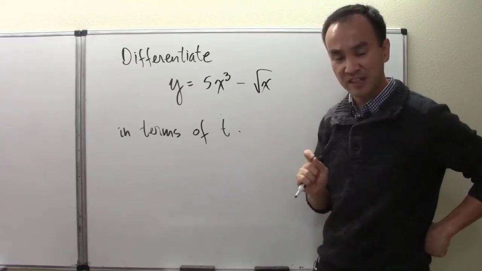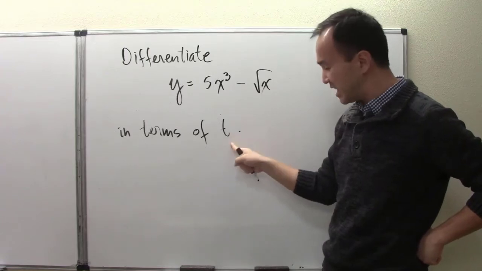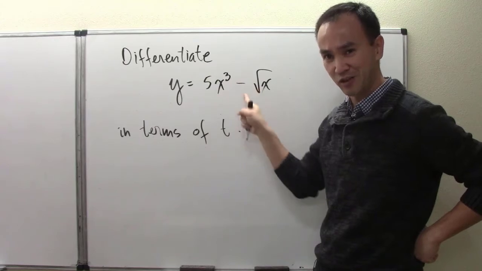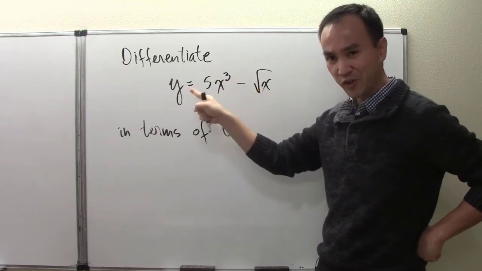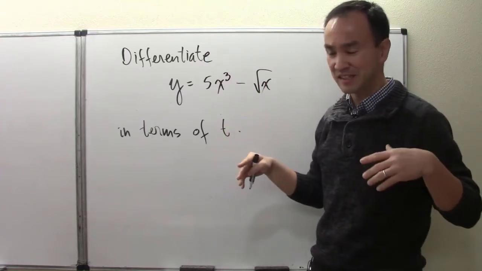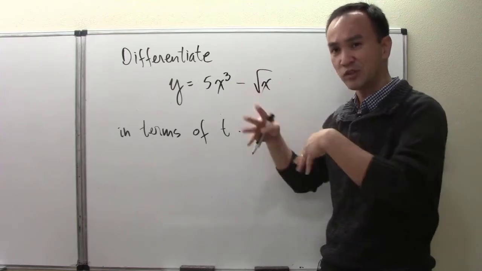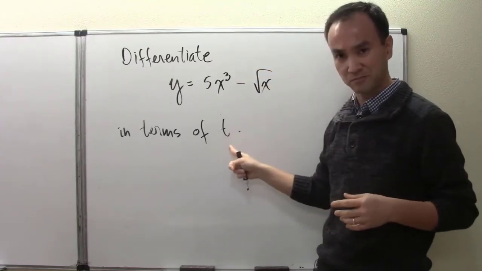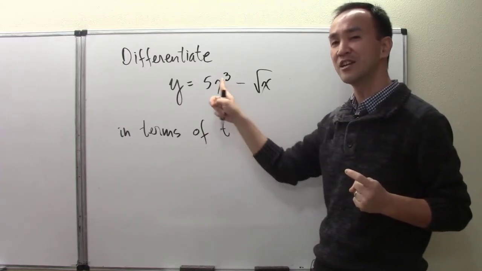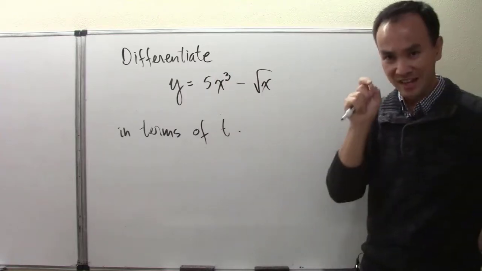But the whole idea now is that t is a variable that's not currently present in our equation. Our equation only involves x and y, just two variables. In some other problem, it could be an equation of z and v, or s or w, but the point is that we want to differentiate in terms of another variable that's not currently present in this equation. That's the whole idea.